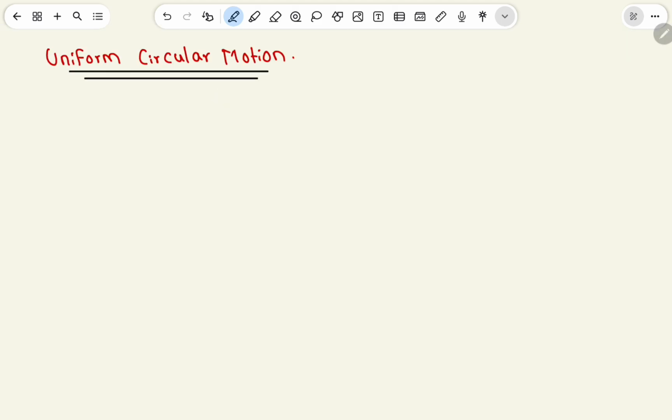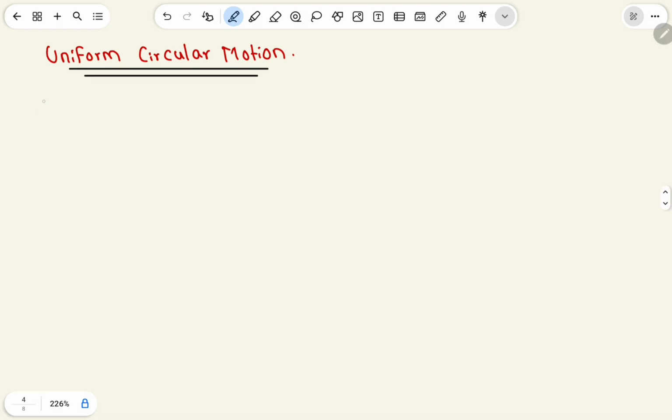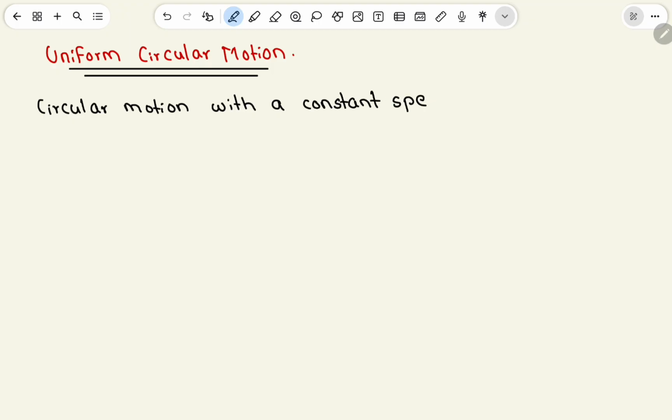So let's start with the definition first. Uniform circular motion is nothing but circular motion with a constant speed v.